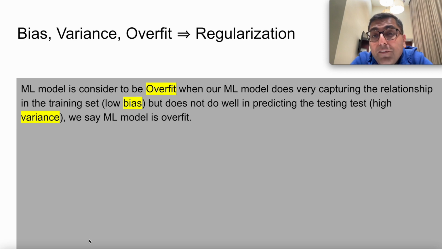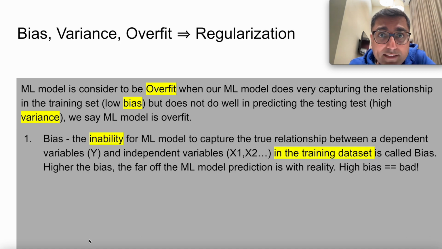So if we see low bias in the training set and high variance in the testing set, then we say that our model is overfit. I'm greatly simplifying this, but that's the intuition. So then we need to understand what is bias, what is variance, and then eventually, if it is low bias in training and high variance in testing, then I understand it's overfit. So let's understand what is bias.